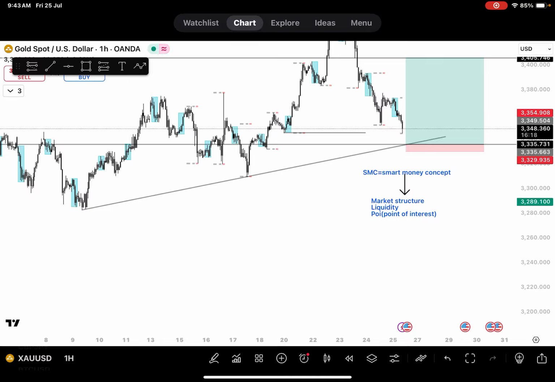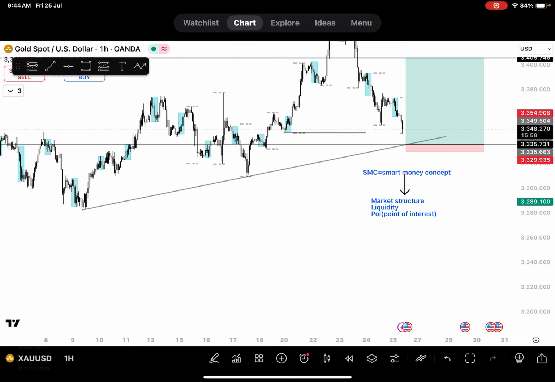Everything that we have been explaining is under market structure. Now the next one we are explaining is called liquidity.